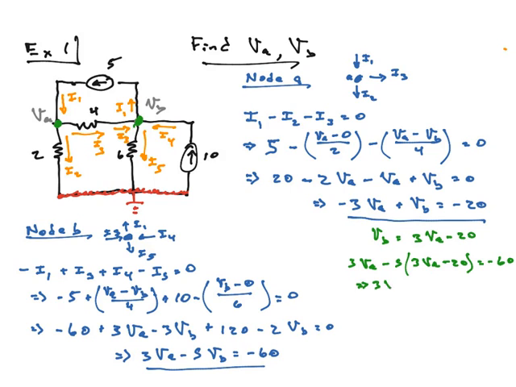We've got 3VA minus 15VA plus 100 equals minus 60. Let's see, minus 12 VA is equal to minus 160. So we get VA is equal to 40 over 3.